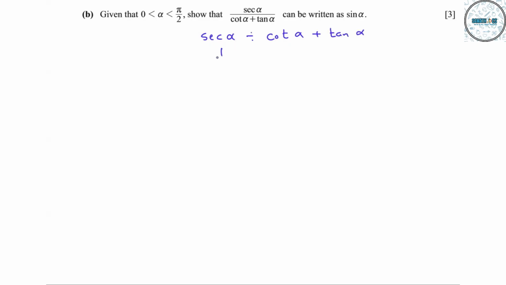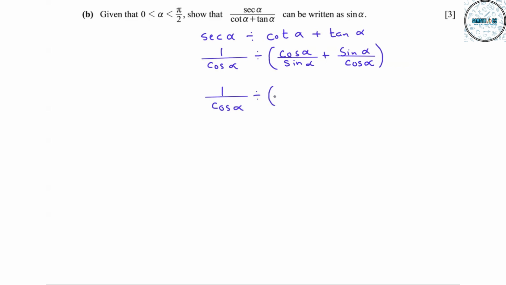Then sec alpha can be written as 1 upon cos alpha divided by cot alpha, which is cos alpha divided by sin alpha, plus tan alpha, which can be written as sin alpha divided by cos alpha. This will remain 1 upon cos alpha.